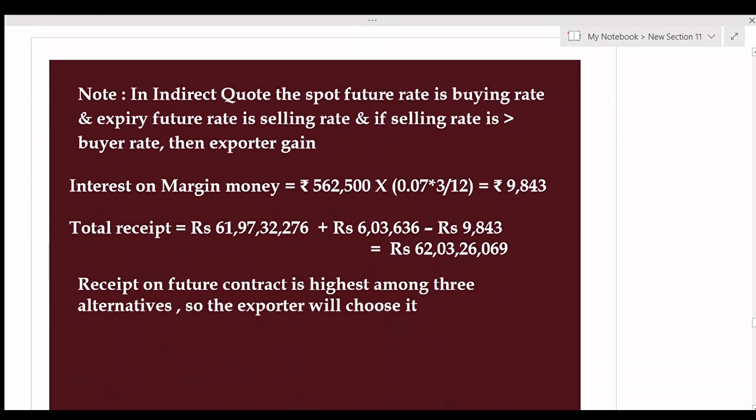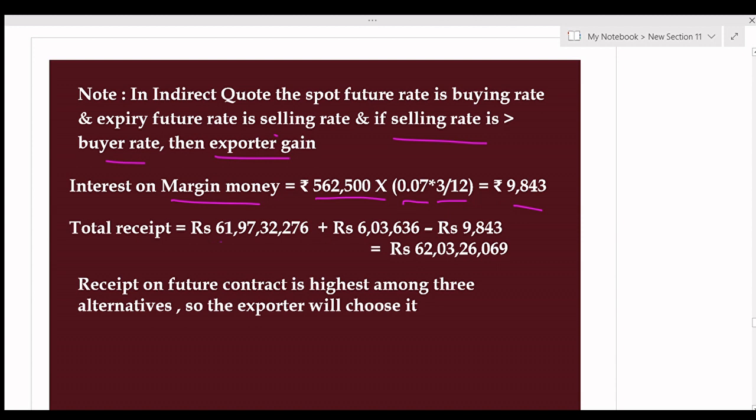In an indirect quote, the spot future rate is the buying rate and the expiry future rate is the selling rate. If the selling rate is greater than the buying rate, then the exporter gains. Interest on margin money is 5,62,500 multiplied with 7% for 3 months, which will be rupees 9,843.